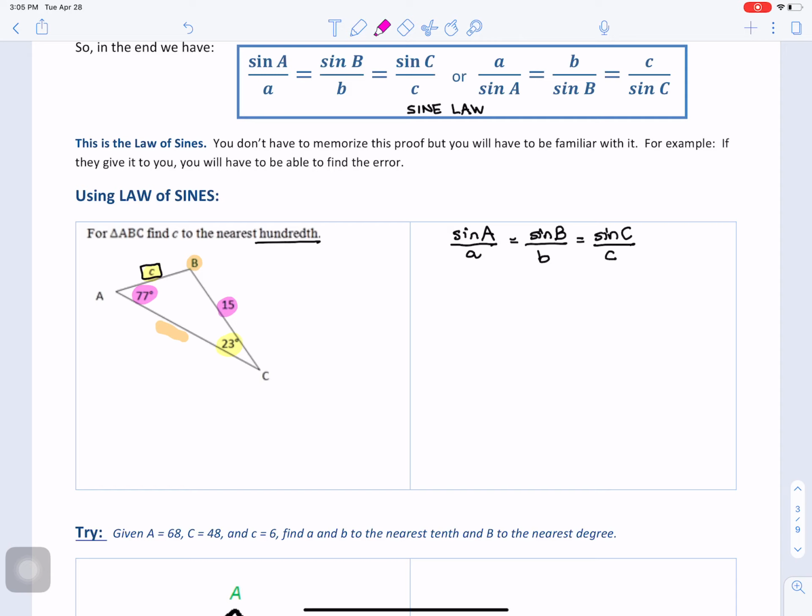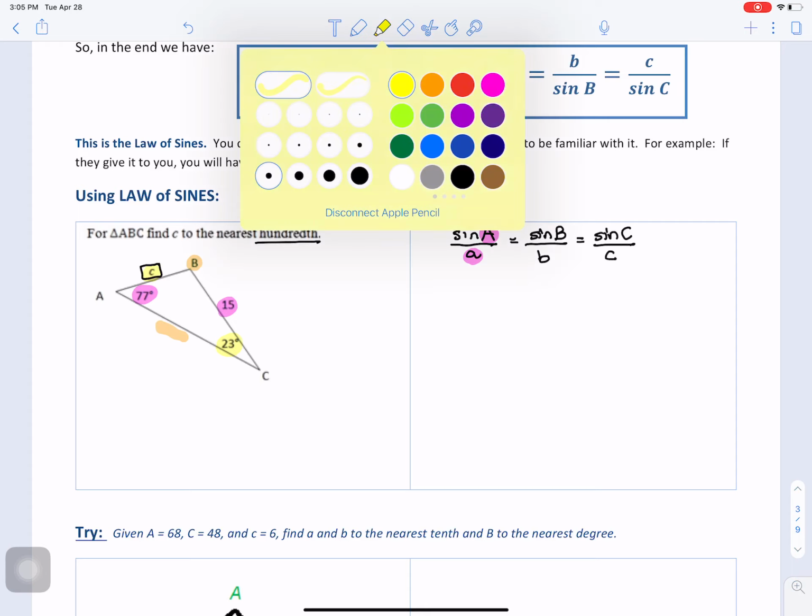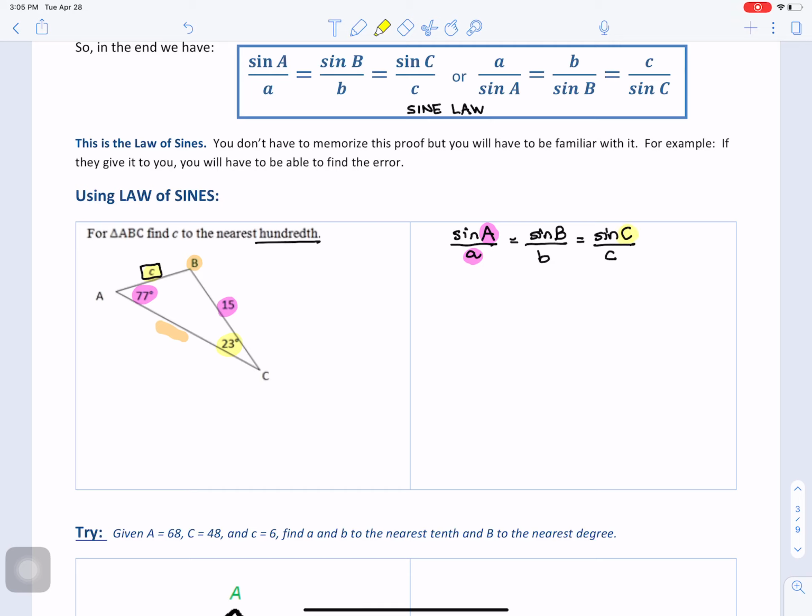You'll notice I have the full pair for the pink and I have the full pair for the yellow, and those are labeled A and C. So my capital A is given by 77 degrees, and my lowercase a is given by 15. My capital C is given by 23 degrees, and my opposite side is c.